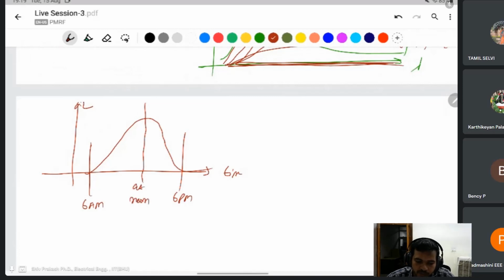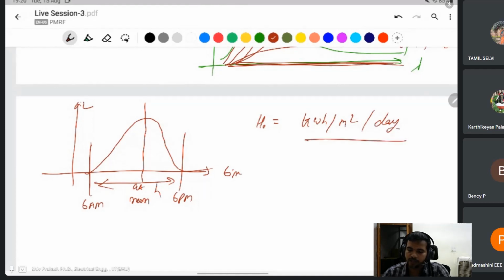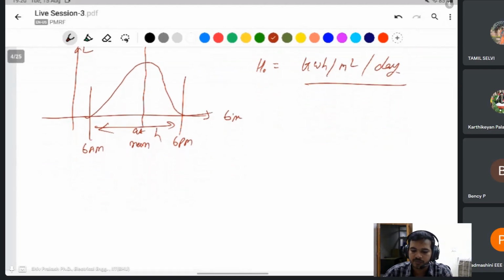If you want to calculate energy in kilowatt hour, multiply by the hours, H. Then it will be kilowatt hour per meter square per day. In one day, how much energy is developed by the solar system, you can calculate by multiplying by the hours.